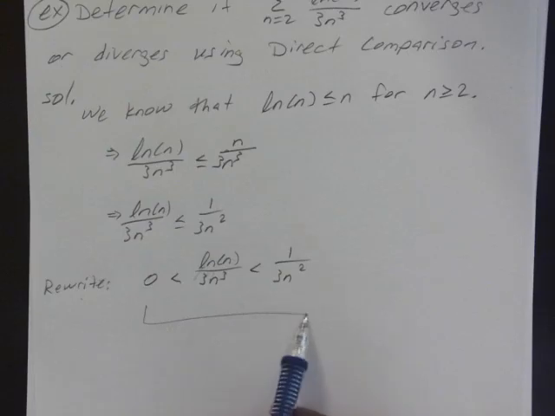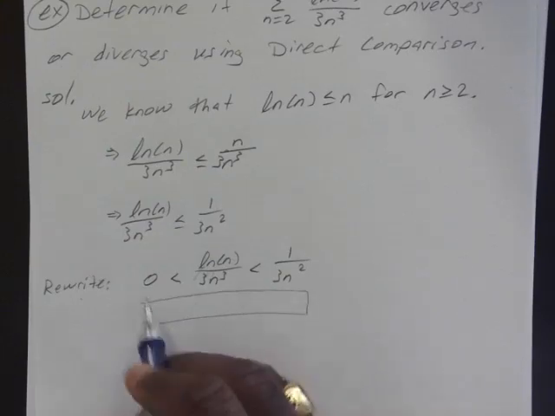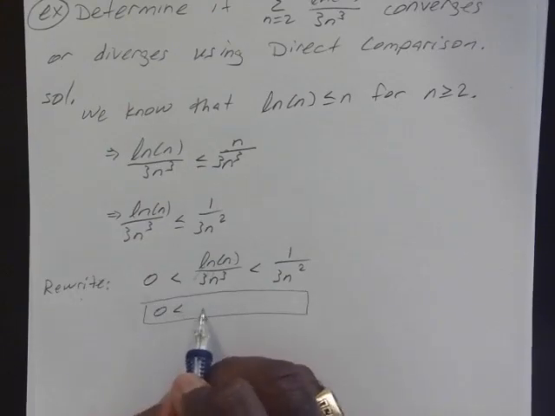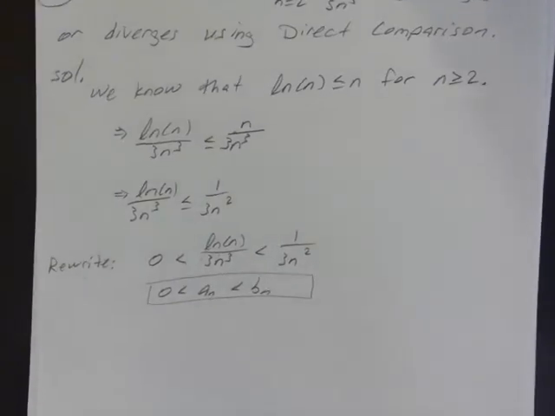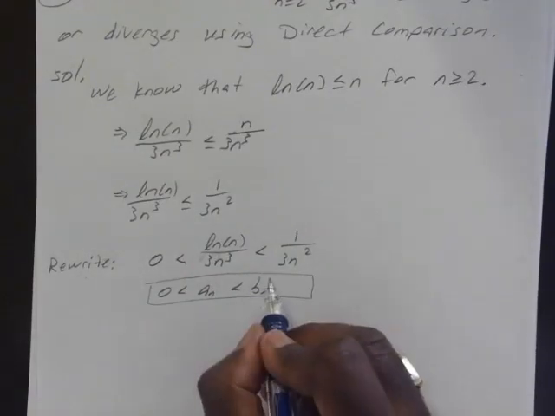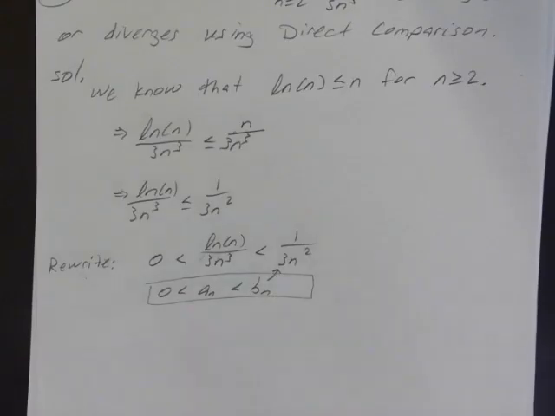Okay, so we can see here that this is in the form 0 is less than a sub n is less than b sub n. So we'll let our b sub n equal 1 over 3n squared.